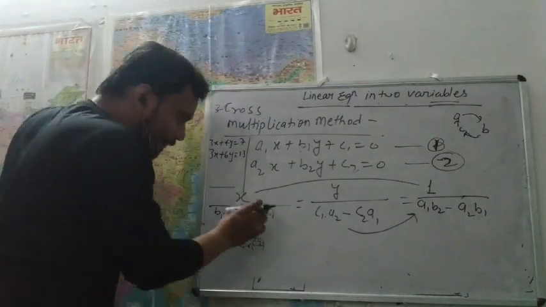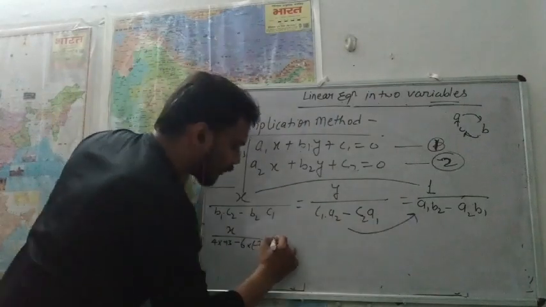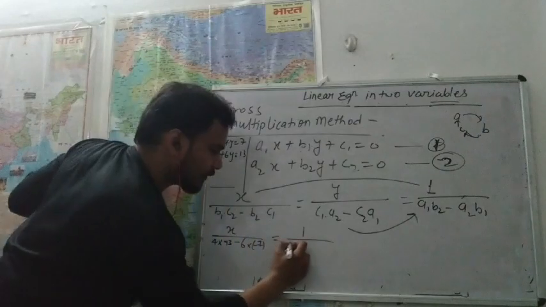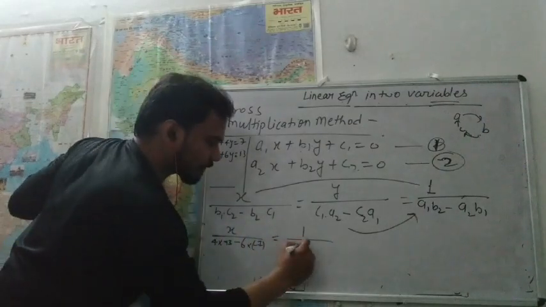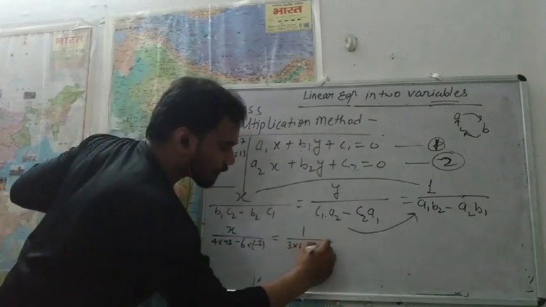And we have to equate this term with the constant term, that is equal to 1 upon a1 b2. What is a1? That is 3. b2 is 6, minus a2 b1, that means 3 multiplied by 4.